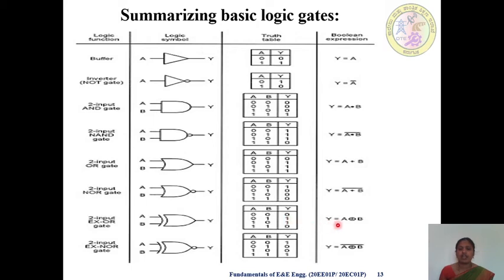The expression is Y is equal to A XOR B. Similarly, the XNOR gate: when the XOR gate is followed by a bubble, it is called an XNOR gate. Observe the truth table. The output is 1 only when both the inputs are 0 or both the inputs are 1. Otherwise the output will be 0. The expression is Y is equal to A XOR B whole bar.